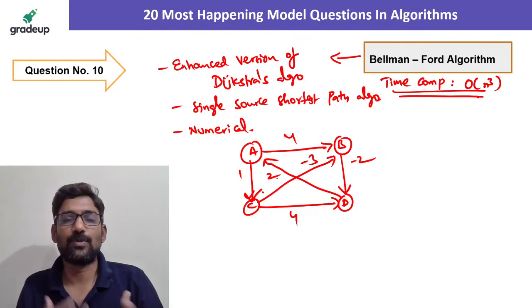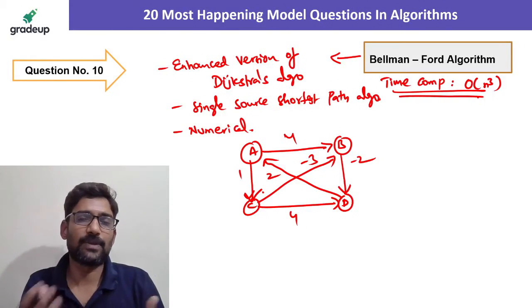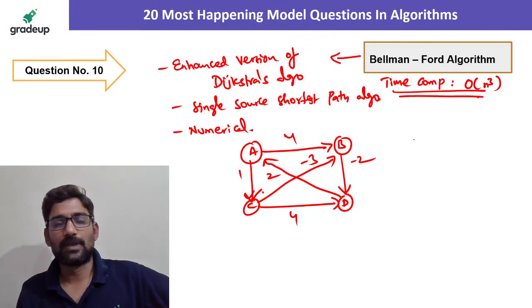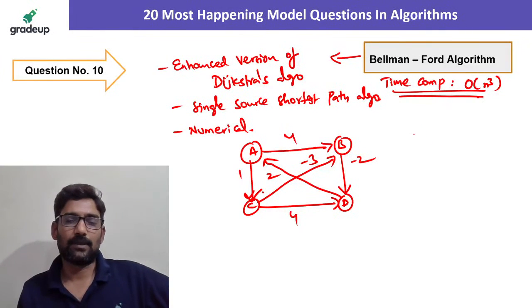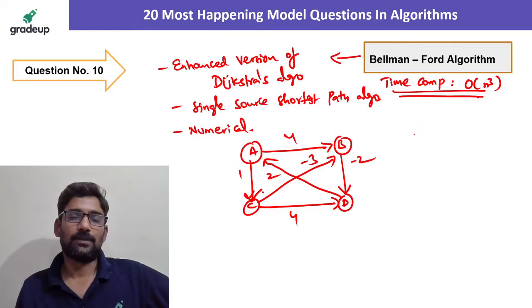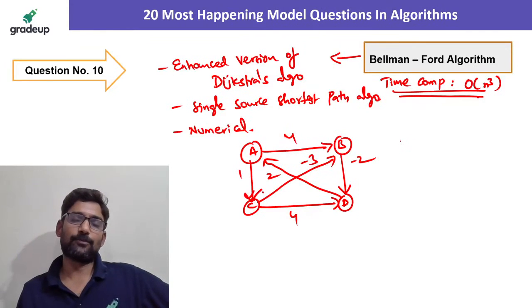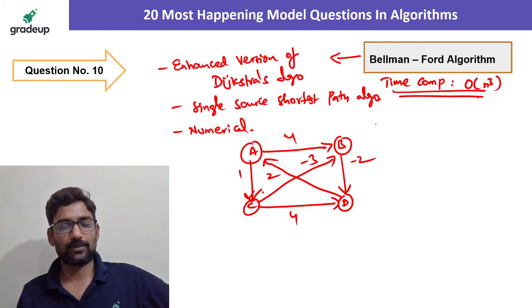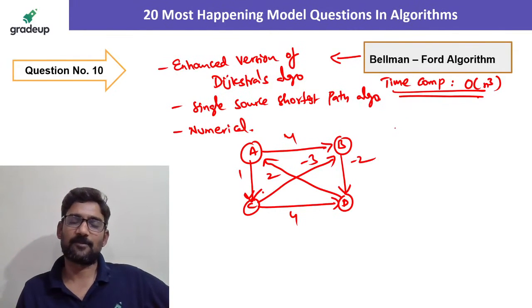So which is true, which is false from this? So what is the Bellman-Ford algorithm shortest cost for particular route or for particular source and destination?